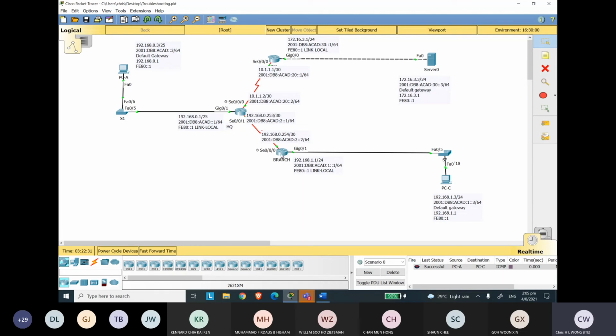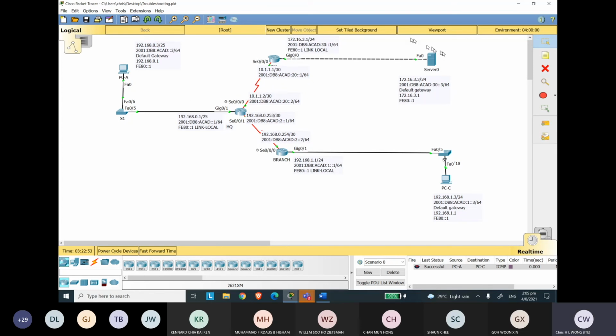Likewise, if you want PCC to reach the server, you need a static routing from the branch to the remote network after the ISP router. The branch router also needs to see past the HQ router over here. So there must be 3 static routings.